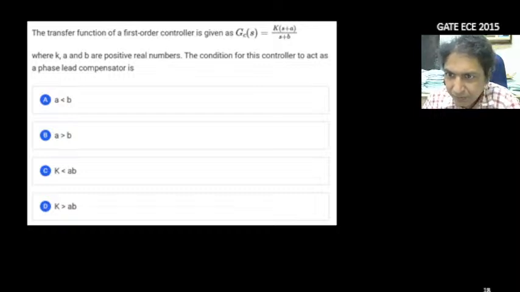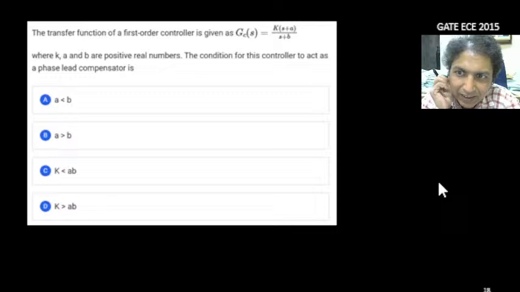This is the problem regarding the compensator. The GCS is mentioned as K times S plus A upon S plus B. So what is the condition that this will act as lead compensator?